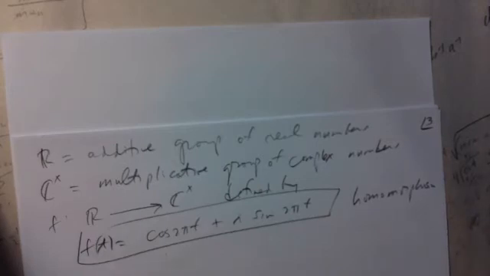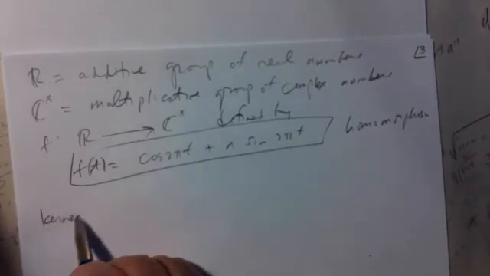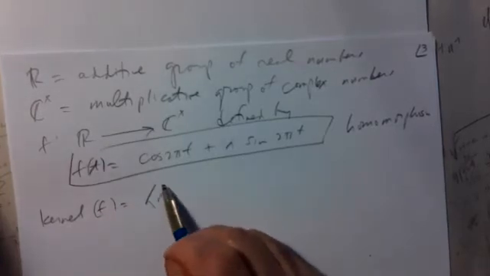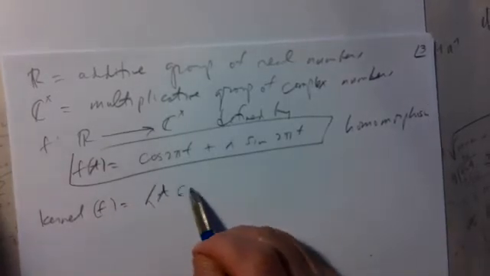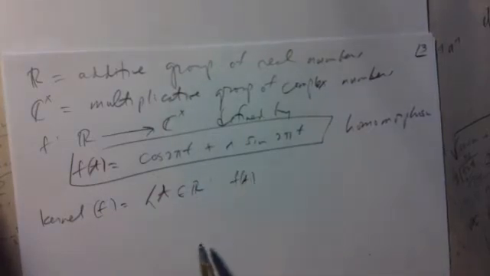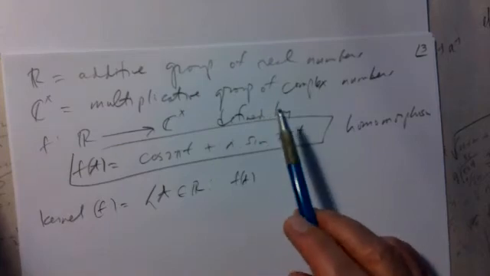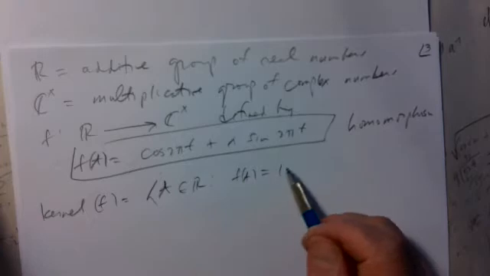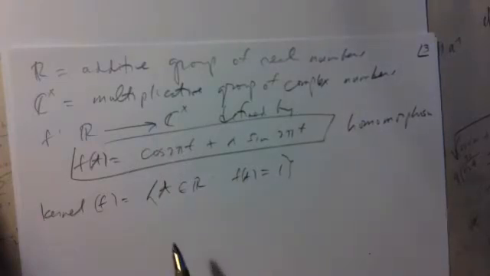So what is the kernel? The kernel of f, this is the definition, it's all real numbers t that get mapped to the identity. What is the identity when you're multiplying complex numbers? It's just 1. It's all real numbers t where f of t is 1.